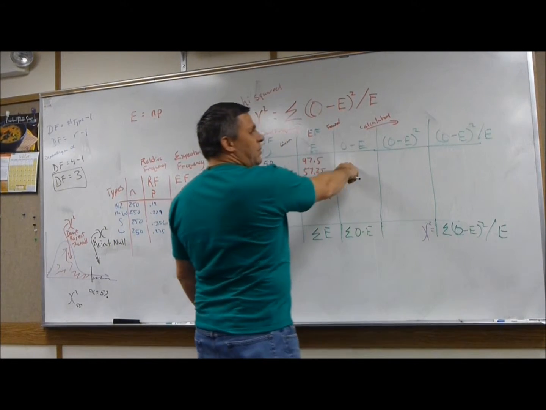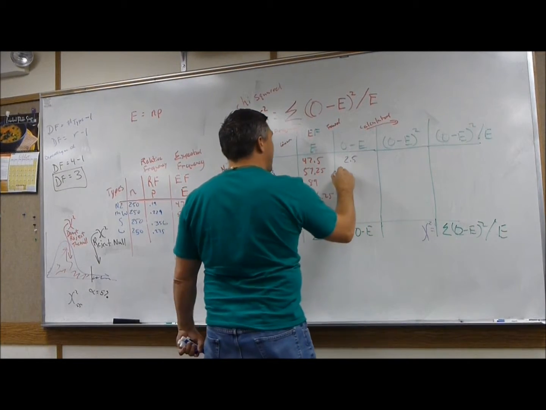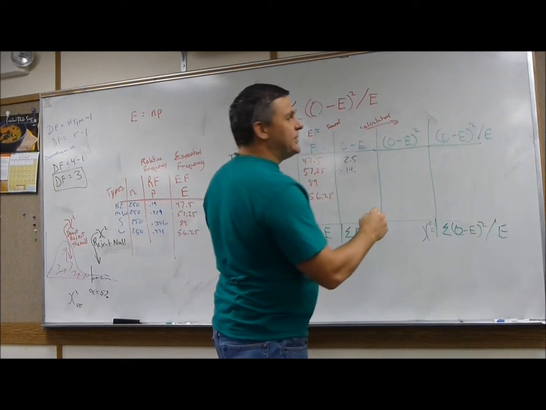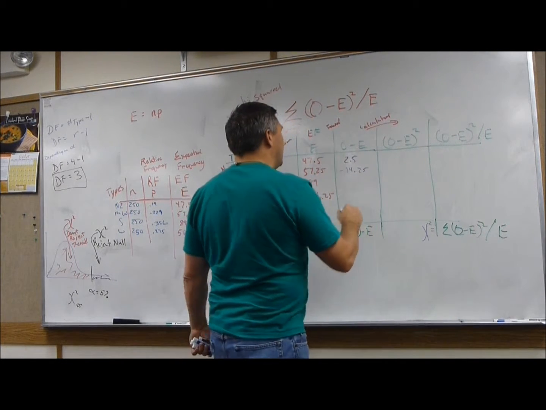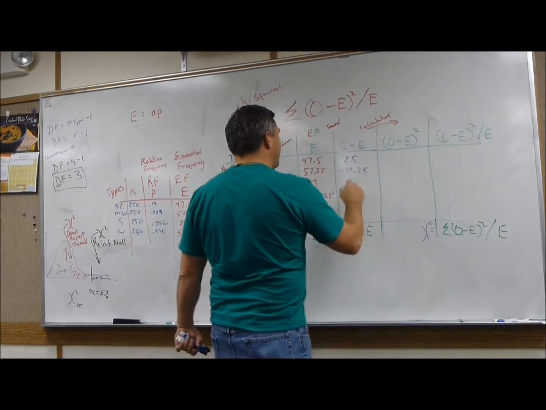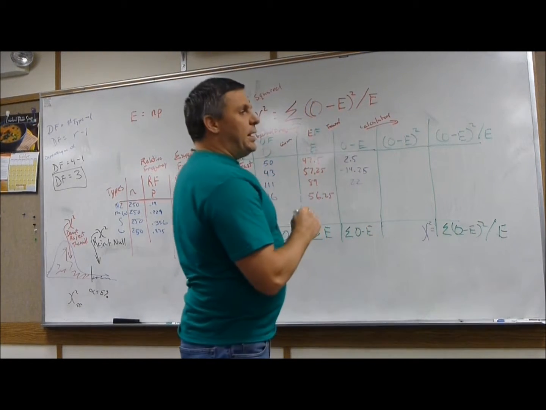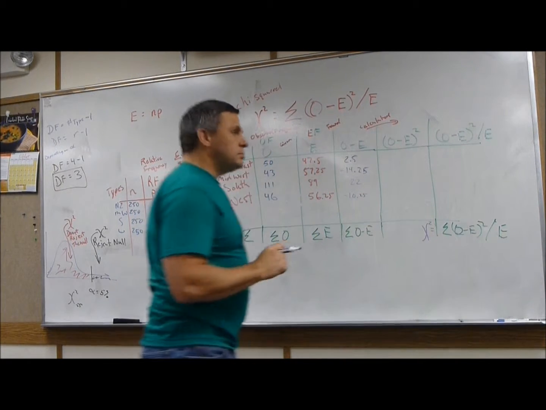We found it to be 2.5, negative 14.25, 22, and negative 10.25.